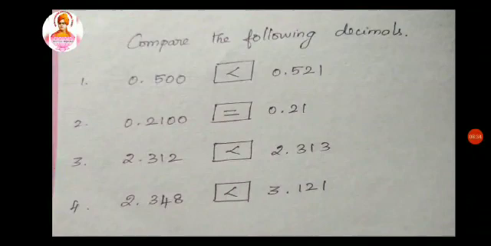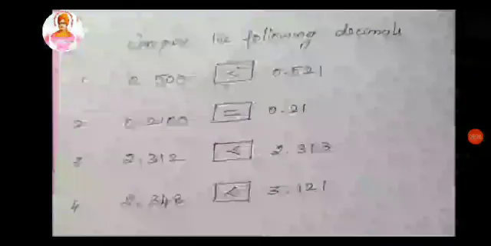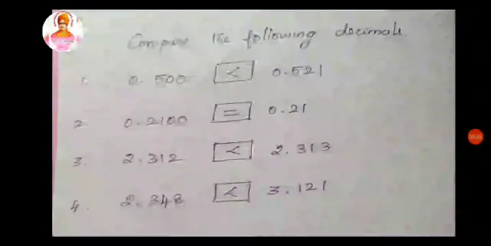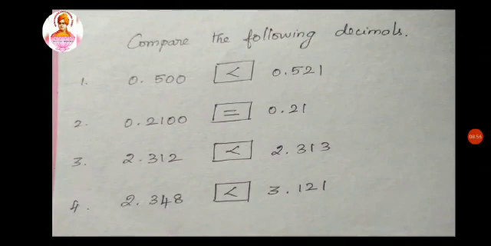There also 5. So both are equal. If the values are equal, then you should compare the next place value. Here I have 0. There I have 2. So when you compare 0 and 2, 2 is greater. So I have written the lesser than symbol there, that is 0.500 is lesser than 0.521.